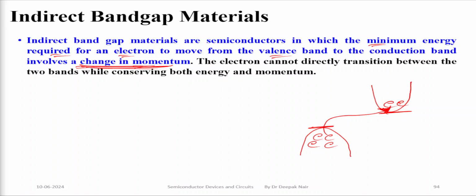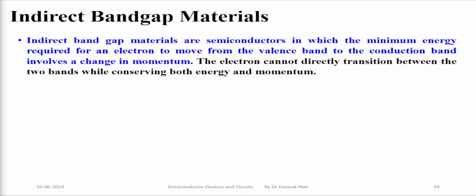So remember, when the electrons jump in case of indirect band gap, they involve a change in momentum, and the electron cannot directly transition between the two bands while conserving both energy and momentum.